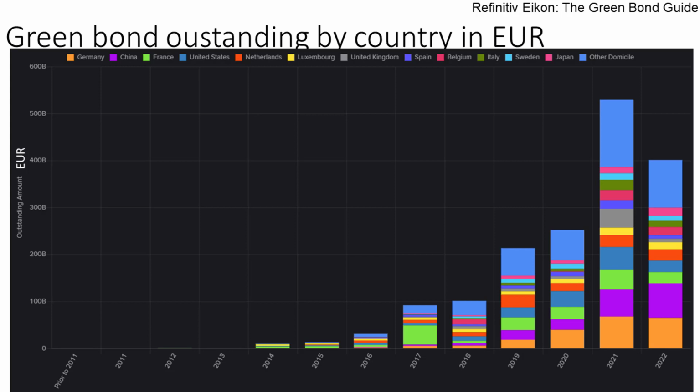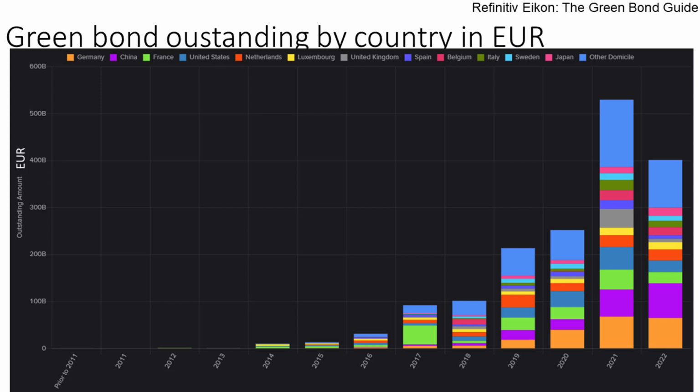And we can see that the main issuer country is Germany, with this orange color, then the next one with the purple is China, then we can see France here, and if I remember right, this was mainly sovereign issuance, so it's not corporate business, but still we can see that it's France.